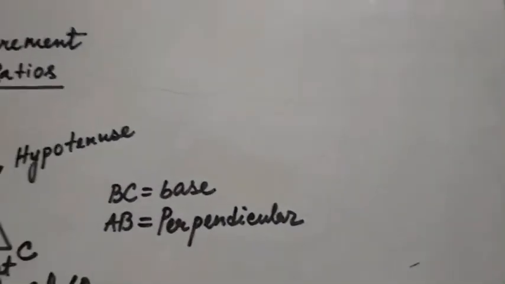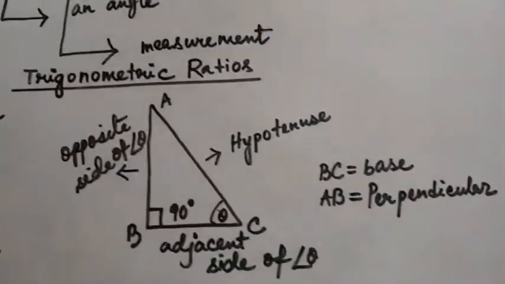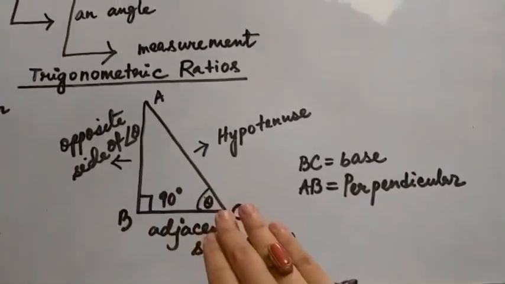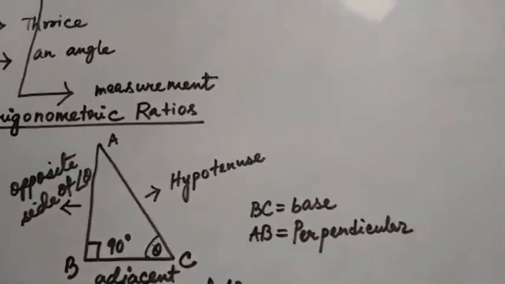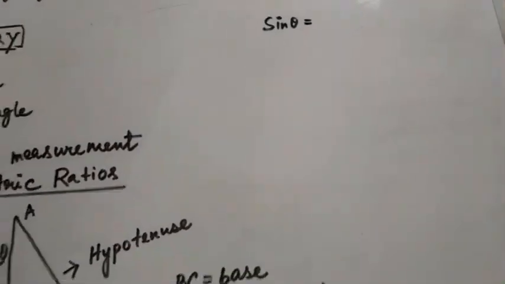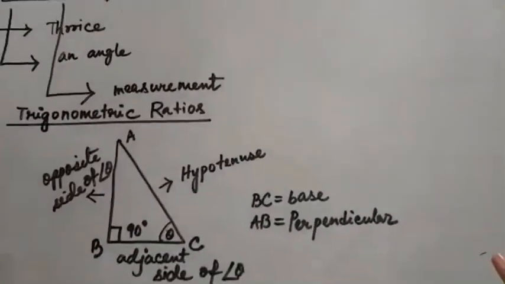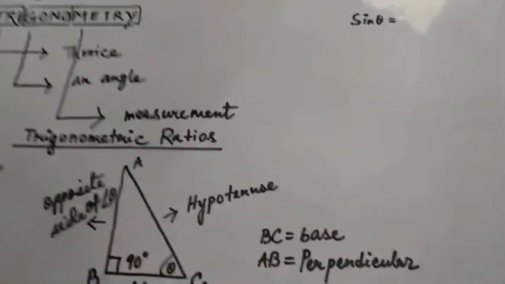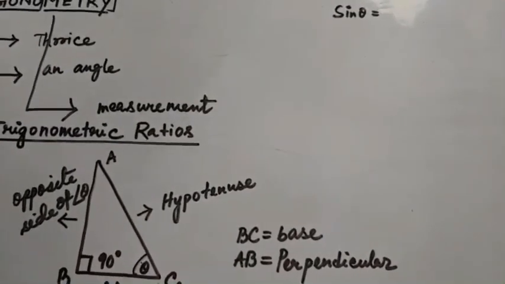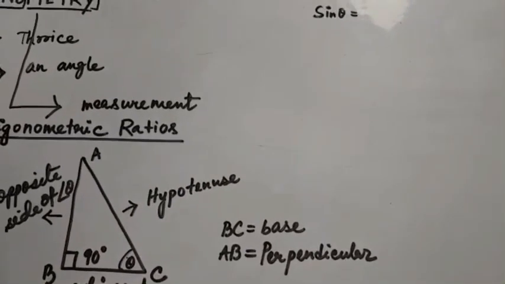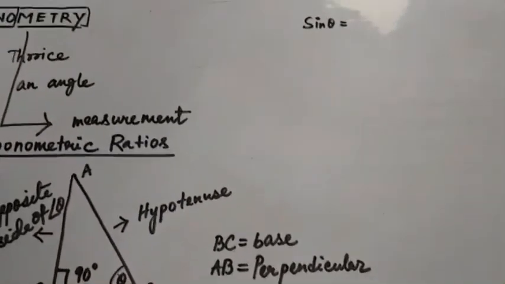I am just showing you for an explanation. You just follow picture number 1. According to picture number 1, I am showing the values of sin theta, cos theta, tan theta, cot theta, sec theta and cosec theta. So we are applying the sin function, cos function, tan function, cot function, sec and cosec function over theta.